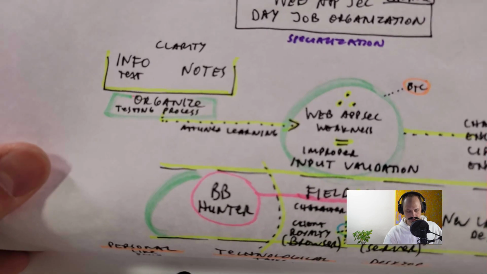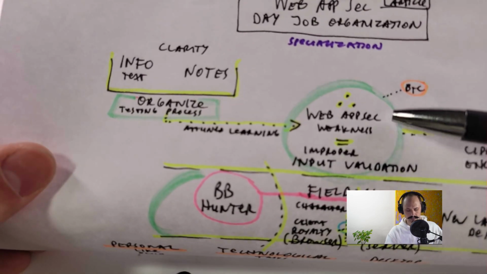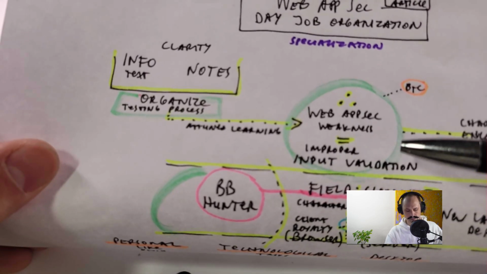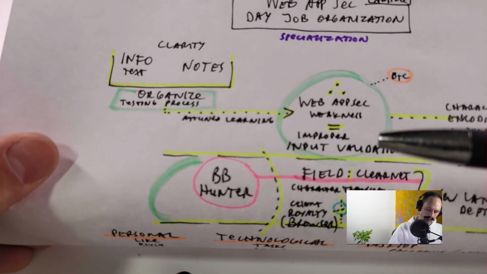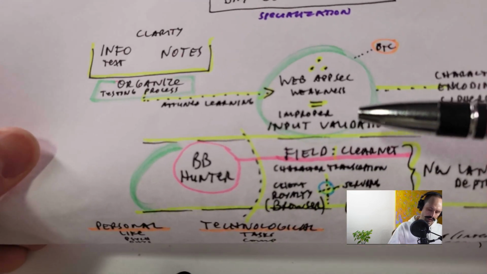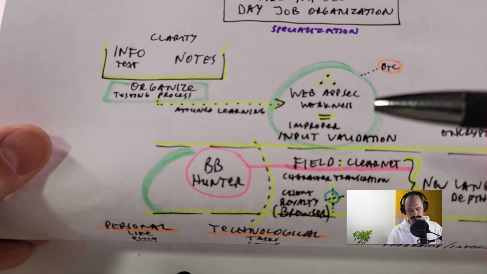In web application security, finding weaknesses: the most popular way that a weakness exists is through improper input validation.